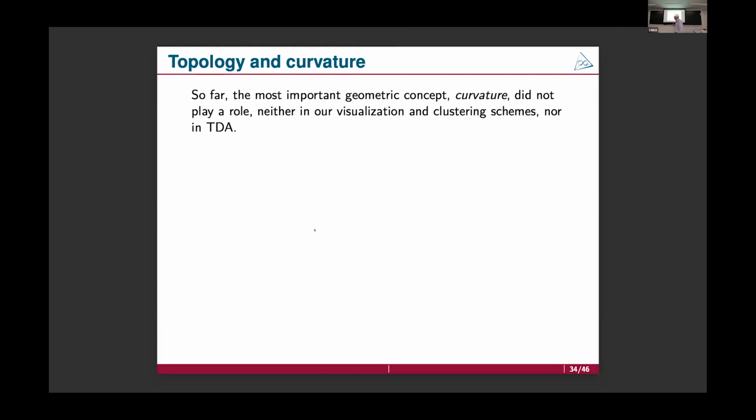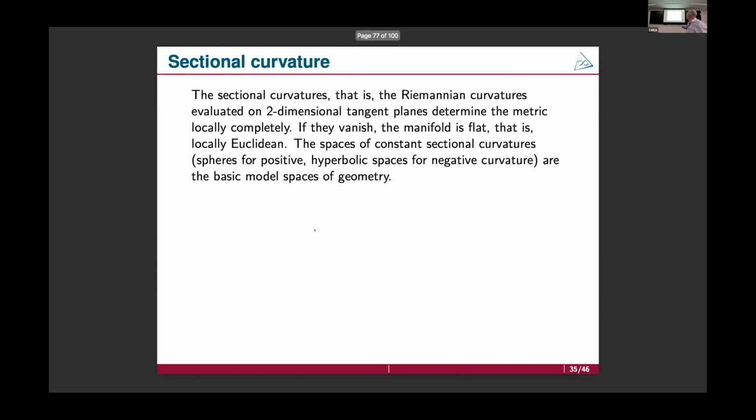Now, somehow as a geometer, I want to come back to curvature. I felt unhappy about the way that curvature is not really present here, even though that is the most basic, most fundamental, most important concept in geometry. So what does curvature have to do here?